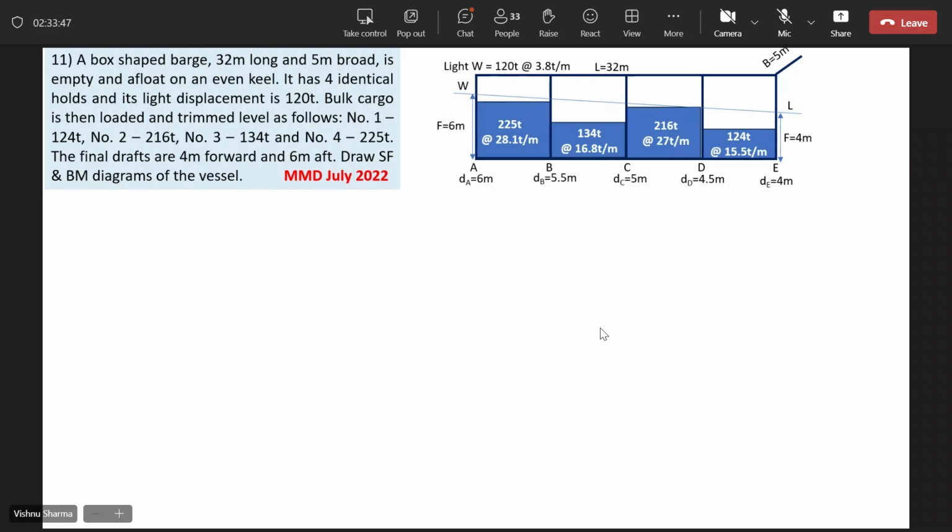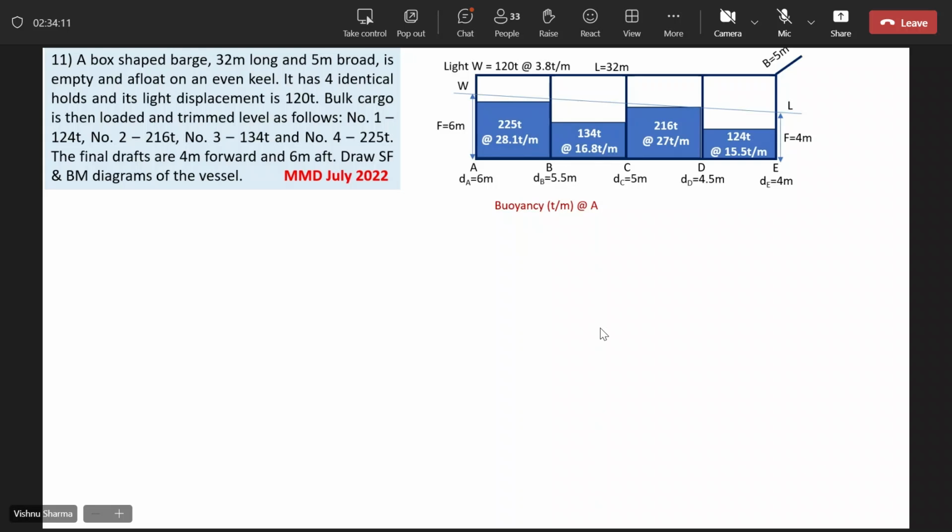Okay. Now, light displacement is not an issue. You already know it's 3.8 tons per meter. Cargo weights also in the diagram, I have already given you how many tons per meter, so we don't have to occupy space on that. Let's calculate the buoyancy per meter at all these points. Guys, what will be the buoyancy in tons per meter at A?